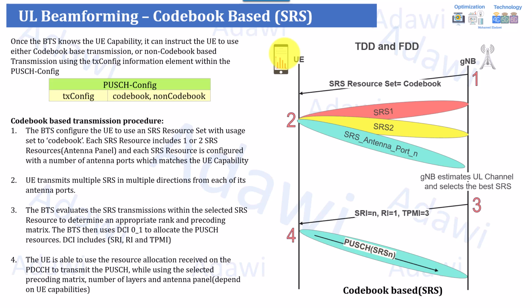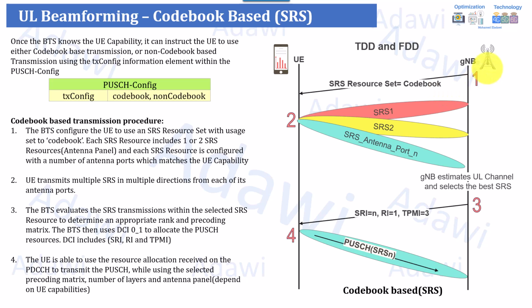So in general, how does codebook-based SRS work in 5G? As you can see here, I have summarized it in 4 steps. The codebook-based transmission procedure can be done in these 4 steps. Initially, the gNB must inform the UE which type of codebook or uplink transmission scheme the UE needs to consider.